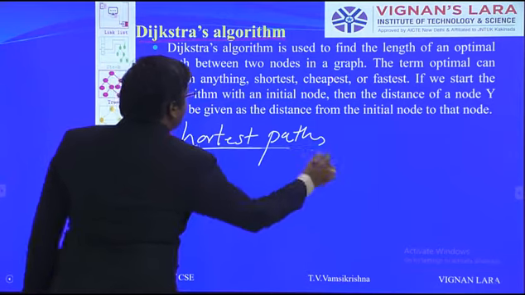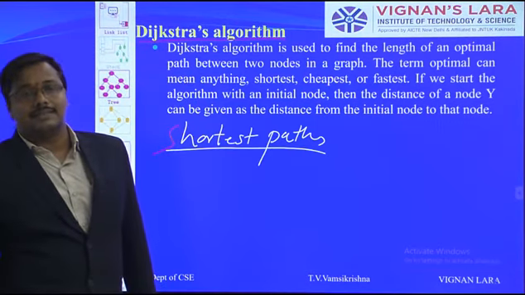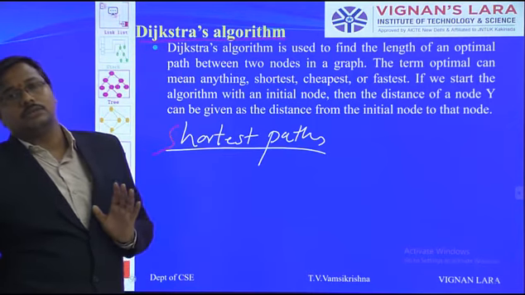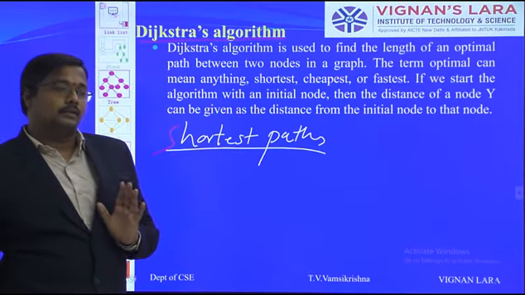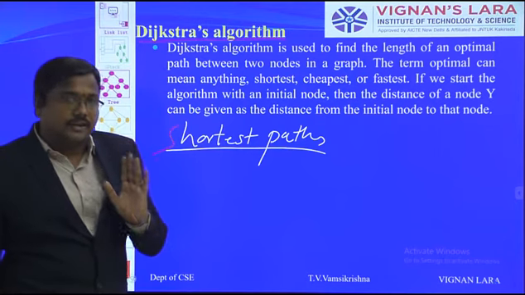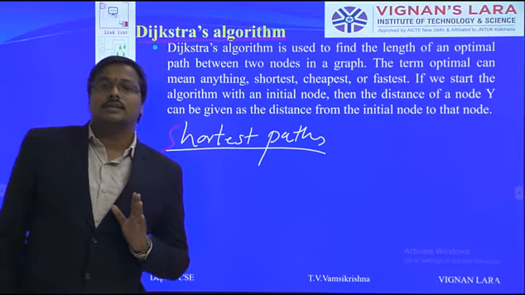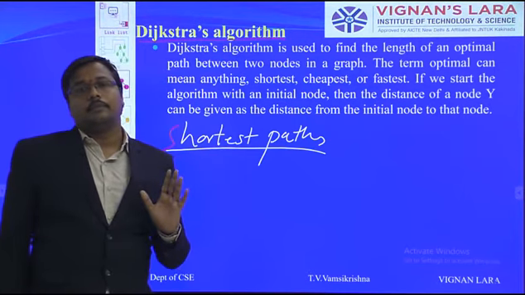One is the minimal spanning tree, another one is shortest paths. So at the beginning of the introduction, while connecting telephone lines, or making tracks, or connecting different kinds of networks, we need to find out what is the shortest distance between two different nodes.